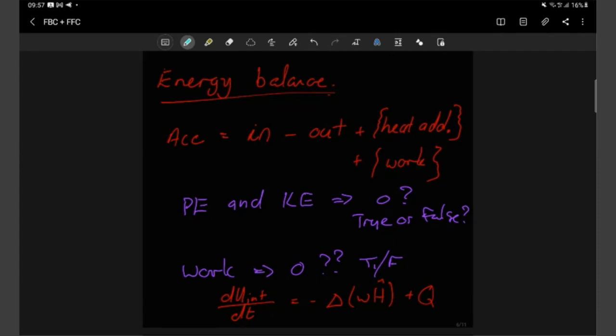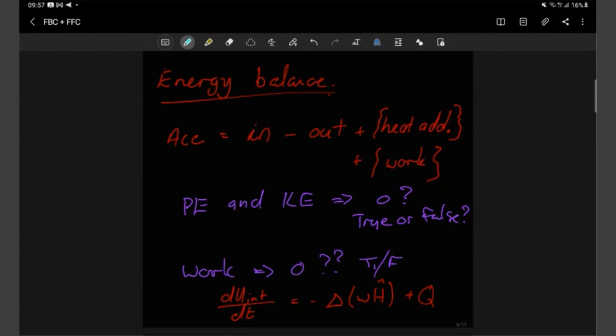Heat added also refers to heat losses, but these losses are obviously a negative component in this term. And then finally, plus the work done on the system. So we remember from thermodynamics that if you have a stirrer in a tank or whatever, that stirrer actually introduces energy in terms of work.